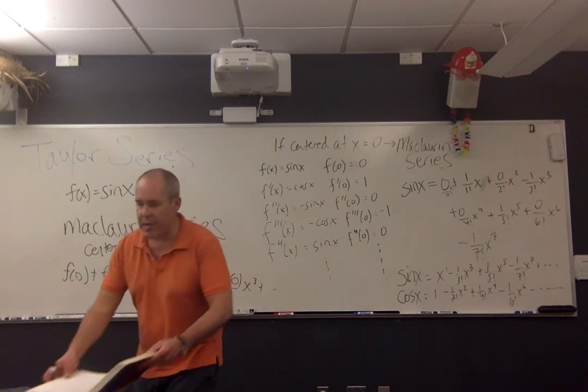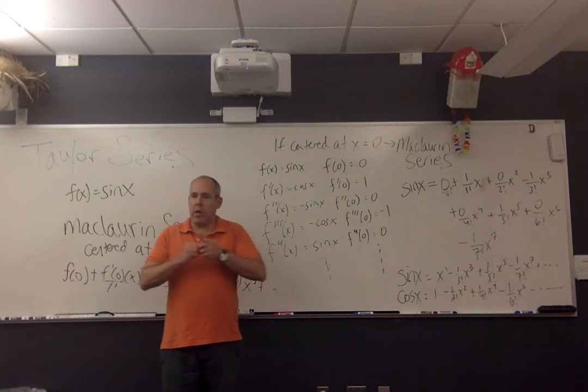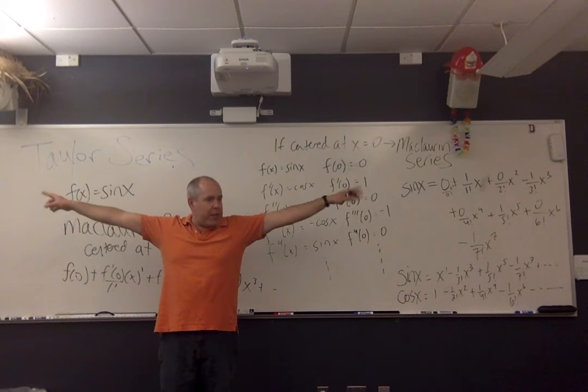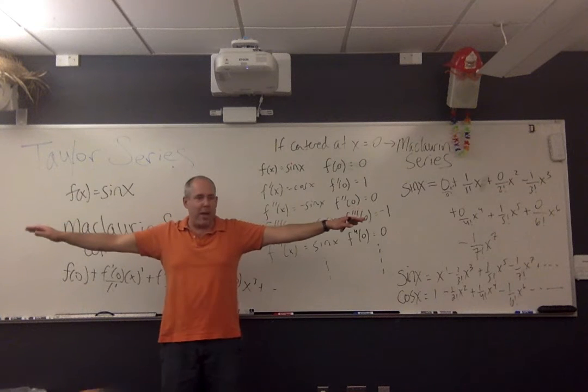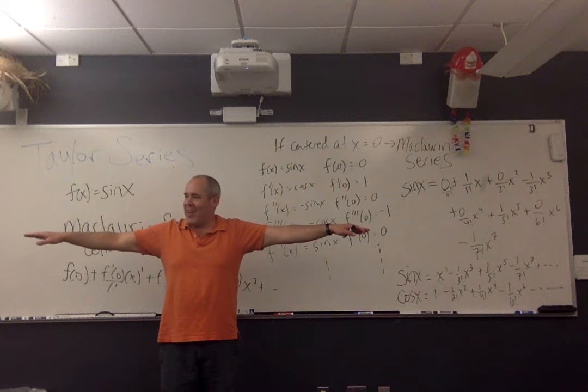Is sine a polynomial? No, it's trig and it keeps going. And all the way down to the end, eventually, it's just going to keep going. Whereas a polynomial is going to reverse.